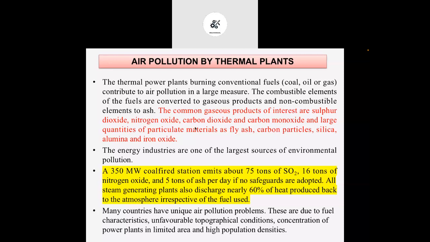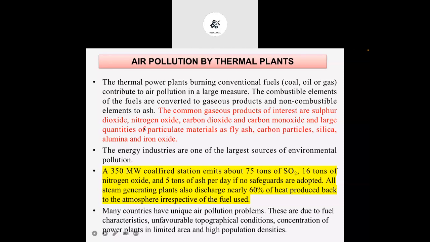After reducing the level, we can release it into the atmosphere. So these thermal power plants generally run on conventional fuels like coal, oil, gas, and that contributes to air pollution in a large measure because the capacities of those thermal power plants are very big. So in that case, the exhaust gases released by those thermal power plants are very large.